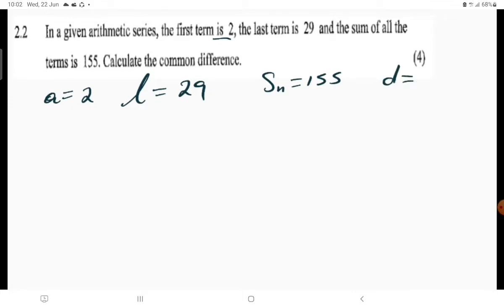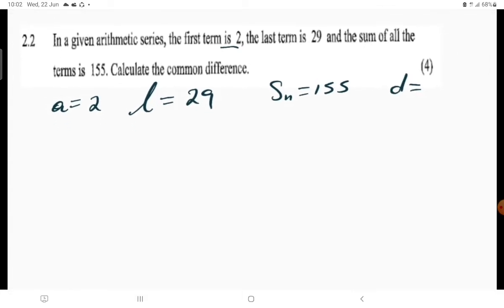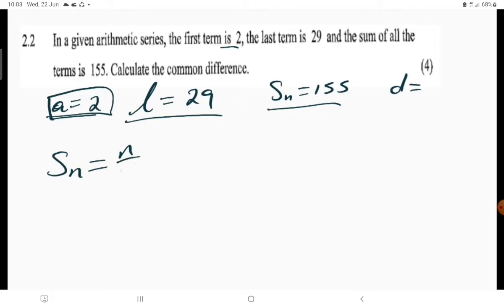Now we need to use the information that we have, but how? The idea is that we are having the sum, the first term and the last term, so it takes us to the formula for the sum of an arithmetic sequence when you have the first term and the last term, given by Sn is equal to n over 2 times (A plus L).